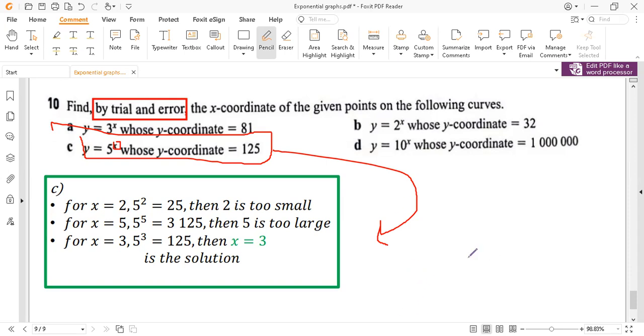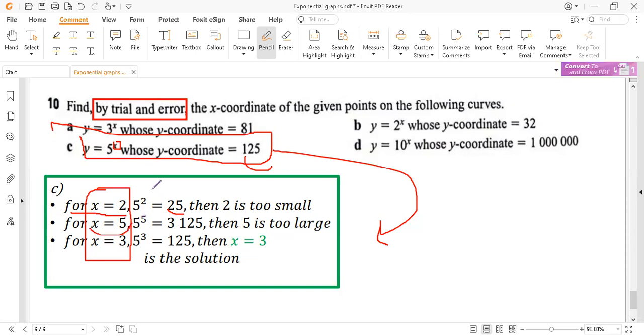We use different values of x and try to find 125. For example, we take x equal to 2. 5 power 2 is 5 times 5, 25. 25 is too small compared with 125, so we use another value greater than 2.